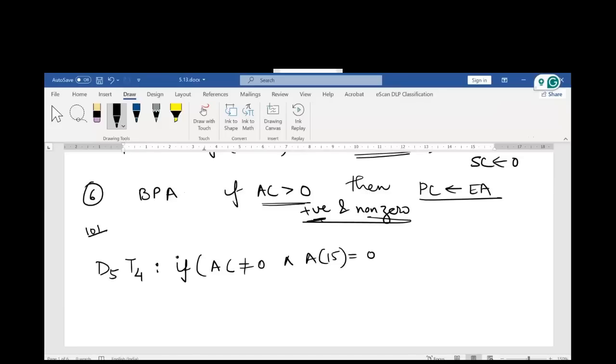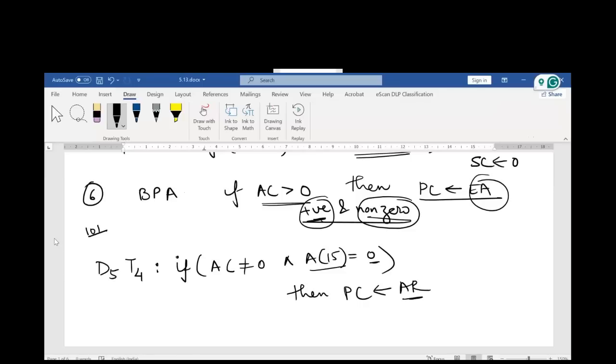If AC is not equal to 0 and AC 15 is 0, it indicates it is positive. So in this case, what do I need to do? PC equals AR. The effective address is specified in AR. So PC equals AR.